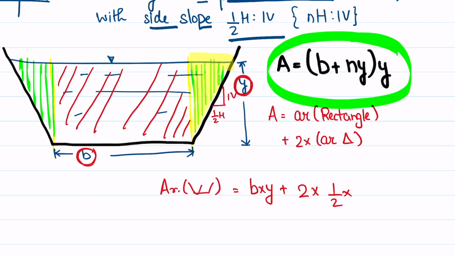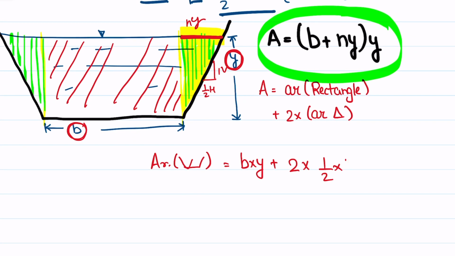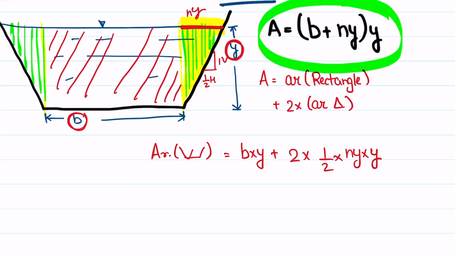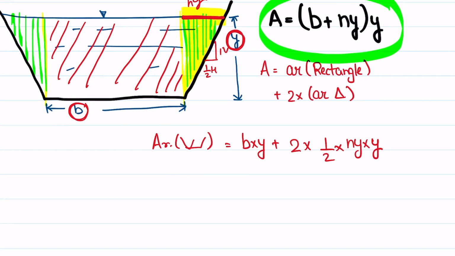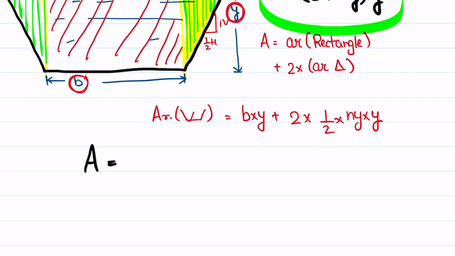This is the triangle, so this is the base, and the base will be ny. All right, so we have ny into depth or height y. Okay, so this is another way by which you can find the area. All right, so the area is equal to (b plus ny) into y.